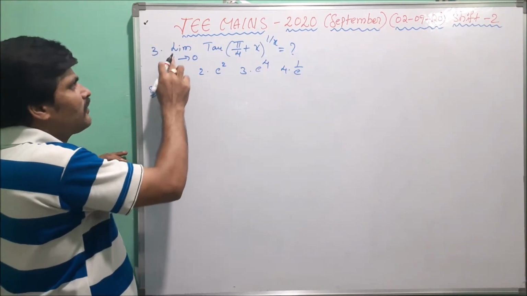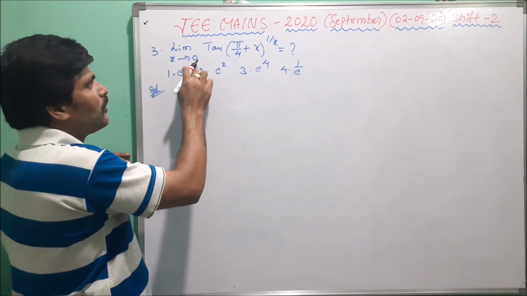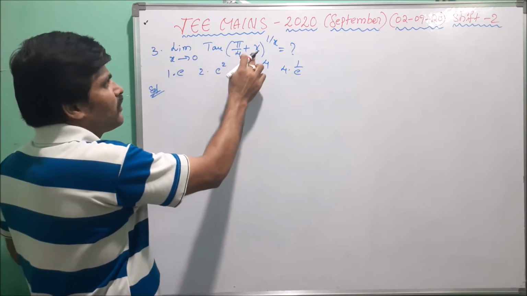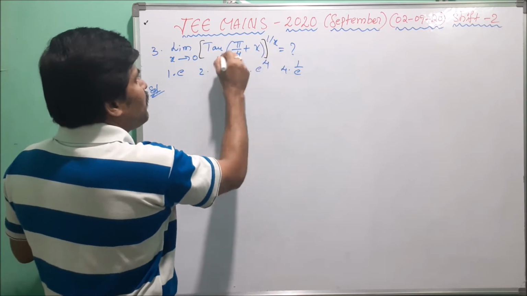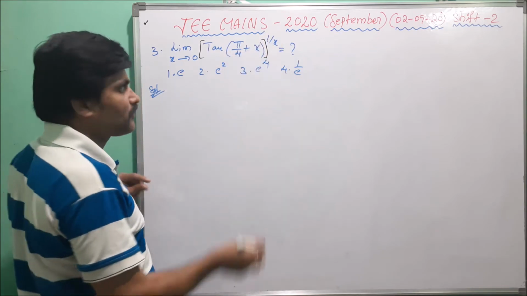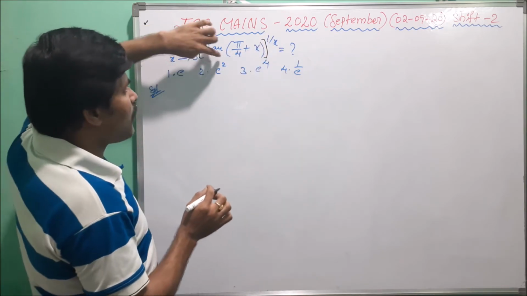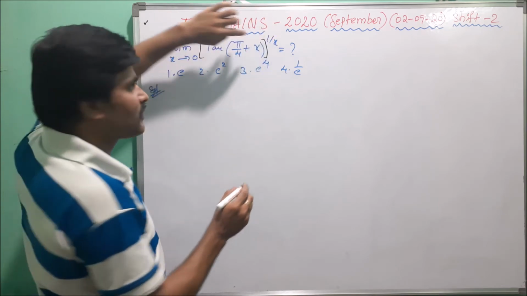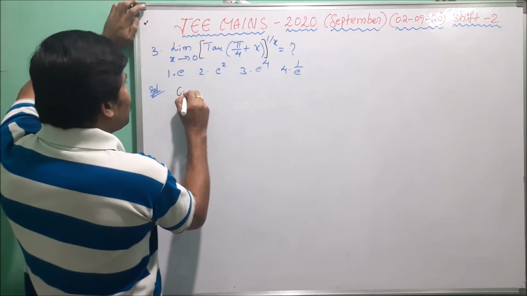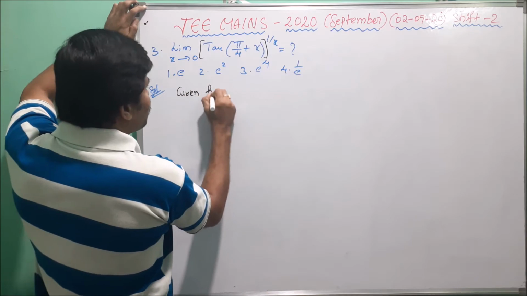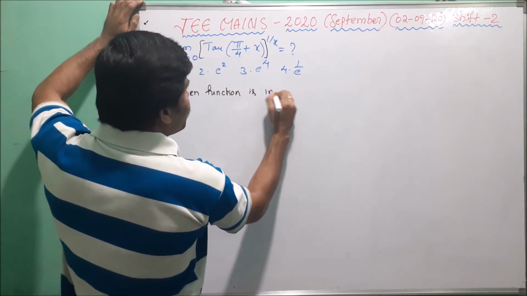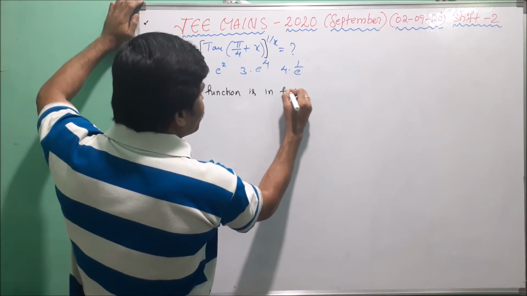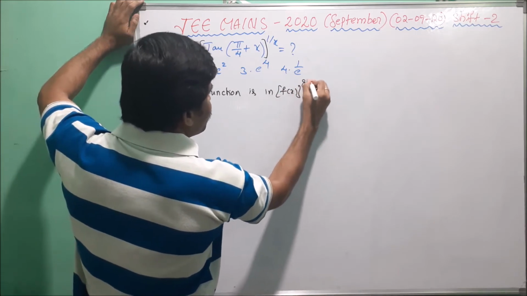Now the third one is, given limit x tends to 0, tan of (pi by 4 plus x) whole power 1 by x. Here this is the form of f(x) power g(x). So given function is in f(x) power g(x).